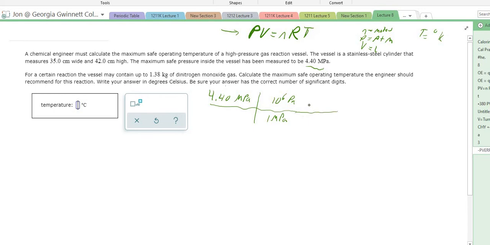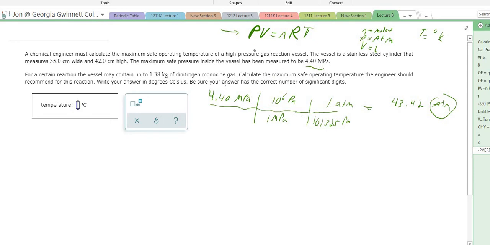And I have written down the conversion factor for pascals into atmospheres: there are 101,325 pascals in 1 atmosphere. When I did that math, I got something like 43.42 atmospheres. So now I've calculated the pressure in atmospheres.